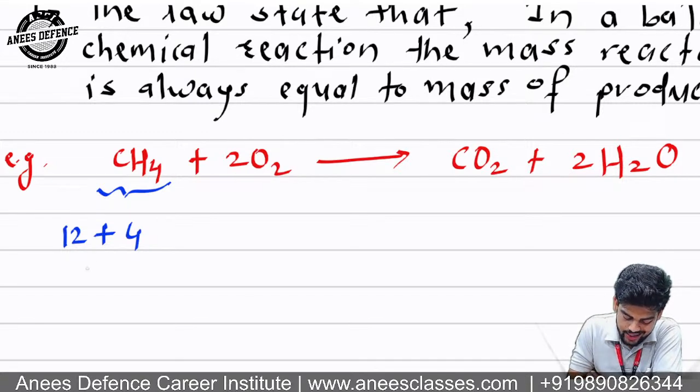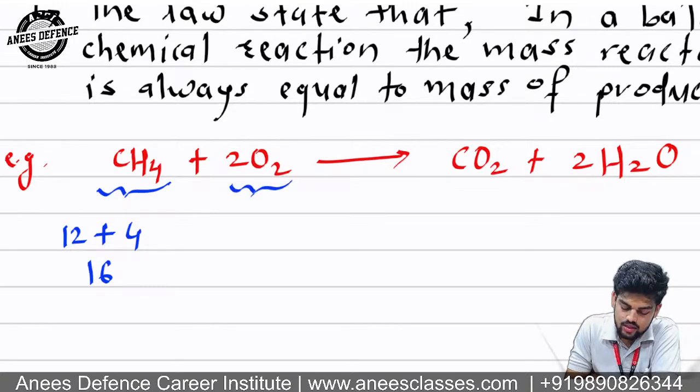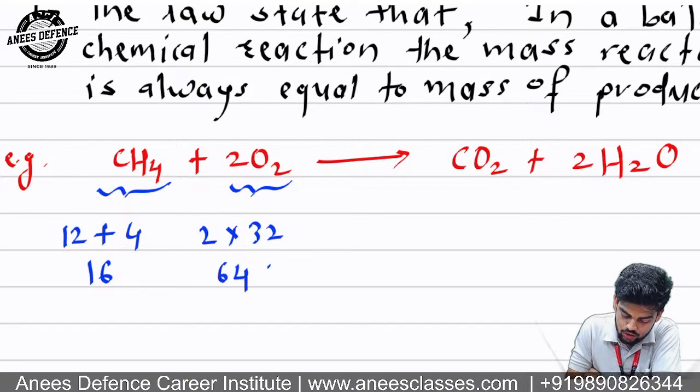On adding these two, we get 16. That is the mass of CH4 molecule is 16. Next, the mass of O2 molecule: there are 2 moles of oxygen molecule, and the mass of 1 mole of oxygen molecule is 32 U. That is the mass of 2 O2 molecules is 64 U.